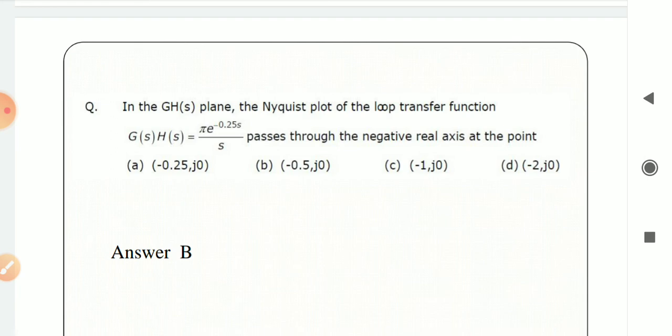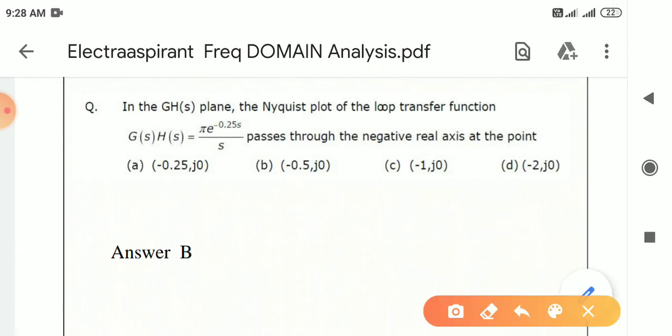So first we can find the magnitude expression and the angle expression of the corresponding open loop transfer function. Then by equating the angle part to minus 180 degrees, we will be able to find the corresponding value of omega. Then by substituting in the magnitude part, we will get the answer as option B, that is minus 0.5, j0. That will be the negative axis crossing point.